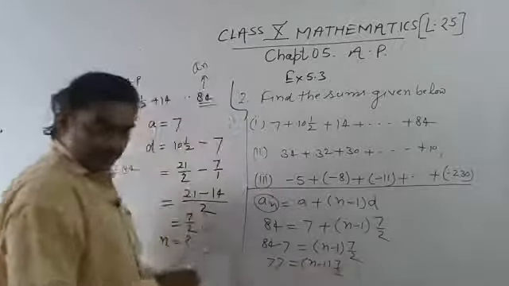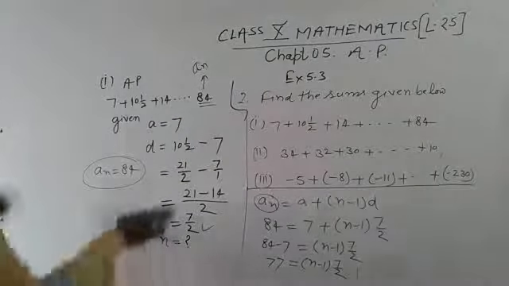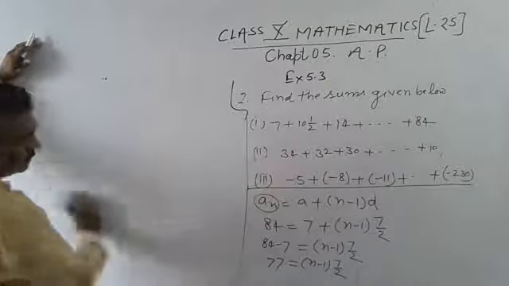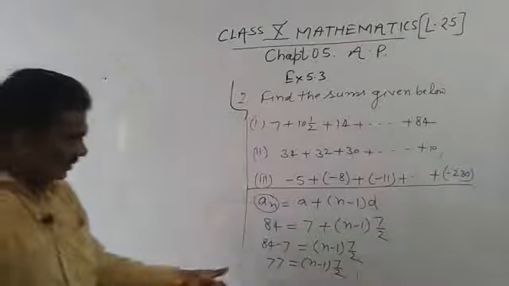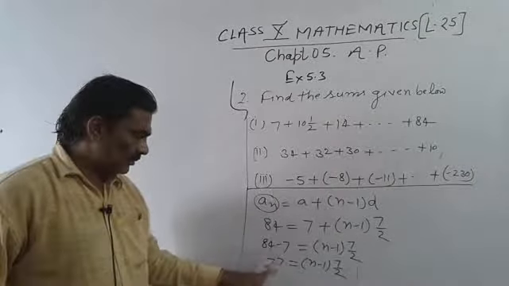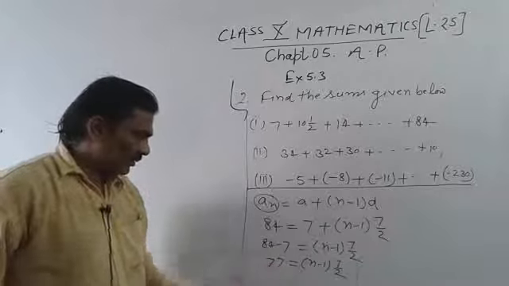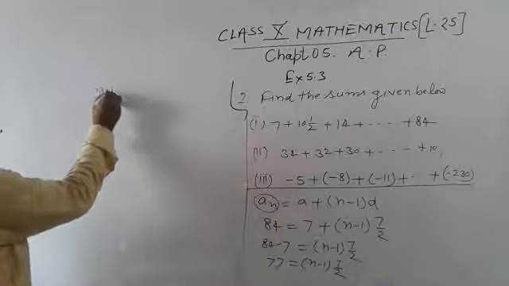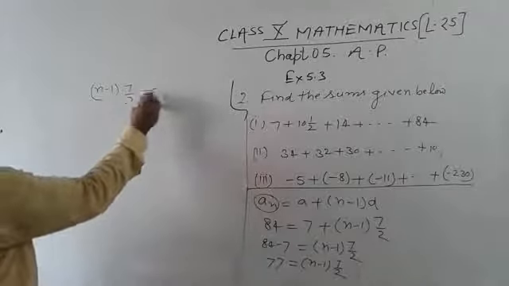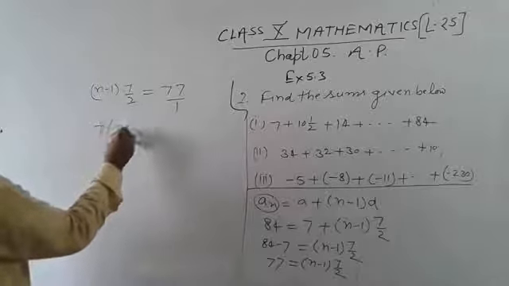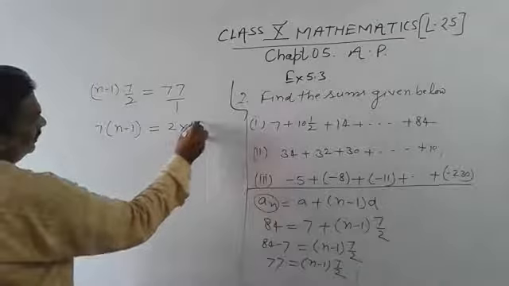Okay students, now we can write (n minus 1) into 7/2 is equal to 77. Doing cross multiplication, 7 into (n minus 1) is equal to 2 into 77.